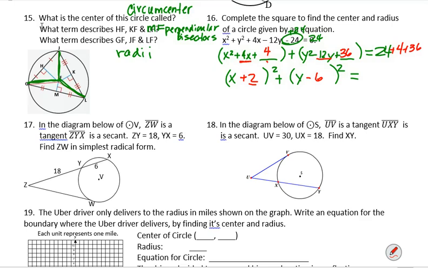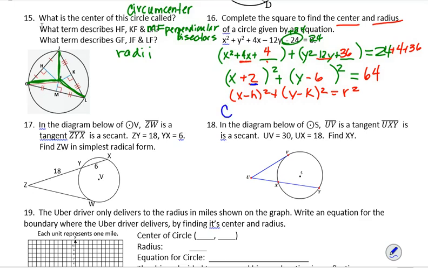So then we have to add together the 24, the 4, and the 36. Well, 36 plus 4 is 40. 40 plus 24 is 64. Now the question actually asks us to find the center and the radius. Well, our equation for a circle is x minus h squared plus y minus k squared equals r squared. So whatever is in this spot, now notice there's a plus there, so we got to change the sign of that.